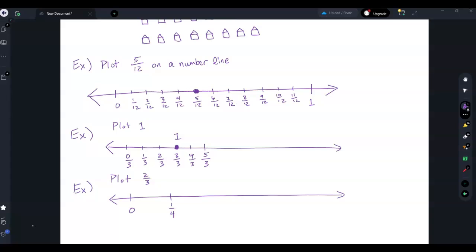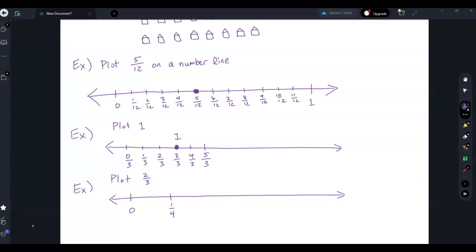So if I look at what's already plotted, I've got a denominator of 4 with 1/4, right? So that's already labeled. But then in order to plot 2/3, that's a different denominator. It's a denominator of 3. So this gets a little bit trickier because, what do you use, right? I can't really split it into just fourths because that would miss my thirds. I can't really split it into thirds because where is 1/4 in comparison to that?